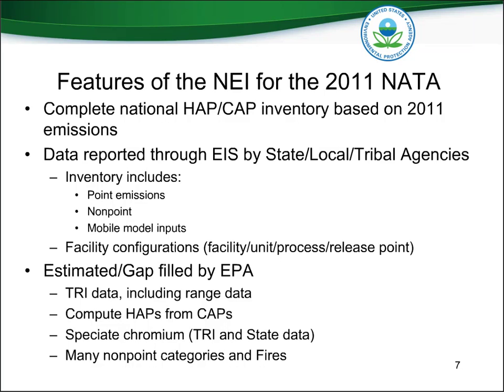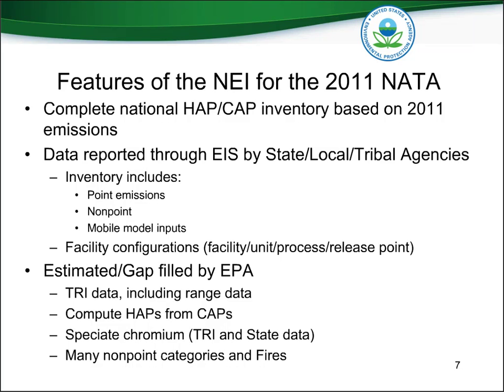And then we also get mobile model inputs for the MOVES model or for the NMIM model, which is what we use for non-road, and then we run those models to determine the emissions, both hazardous air pollutants and criteria pollutants for non-point and mobile.